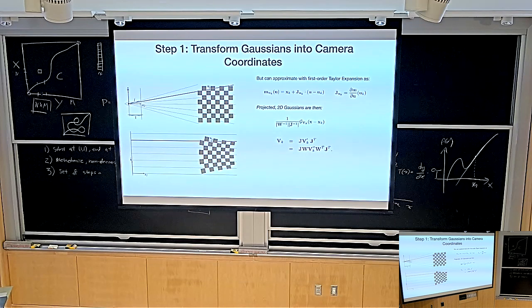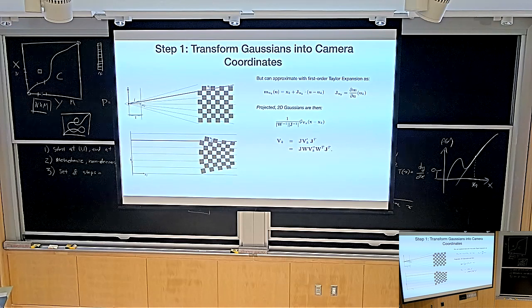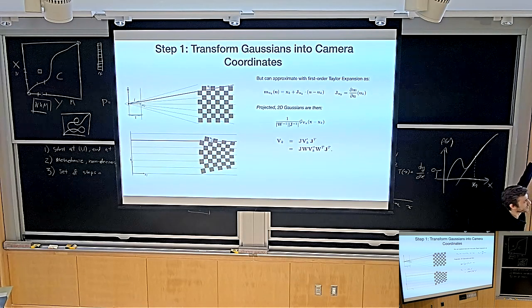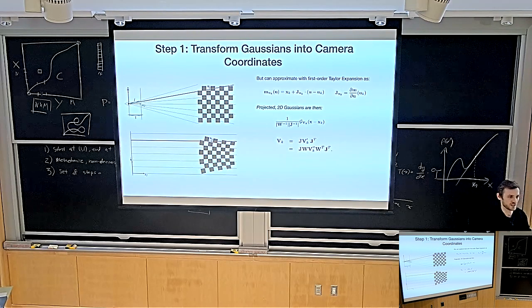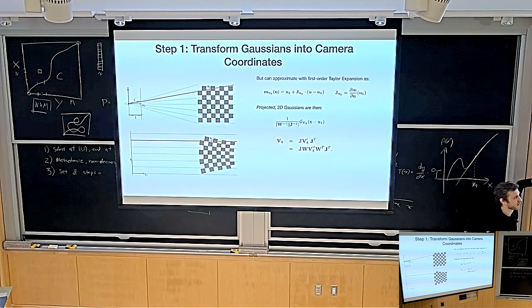Actually, what we have is our camera, which is a perspective camera like this. Imagine our 3D Gaussians floating in space here. What we have done by doing this step is apply a transformation to our Gaussians that puts them into a space where all of the rays are parallel. So we have basically warped all of the Gaussians such that now the rays are parallel.